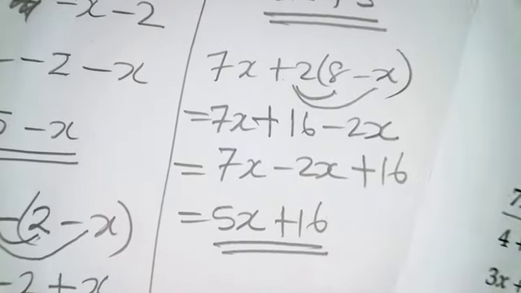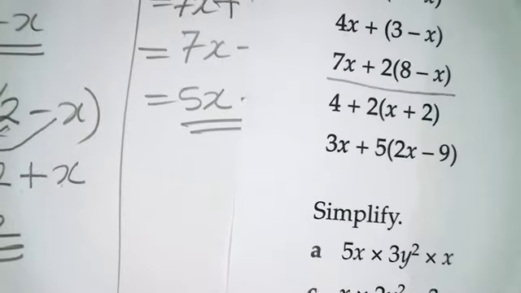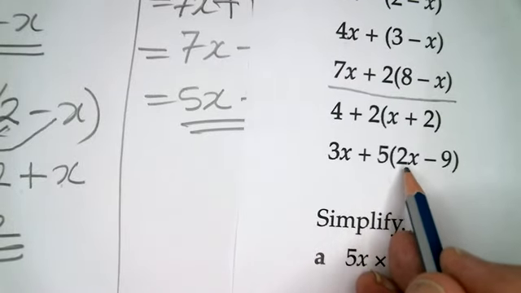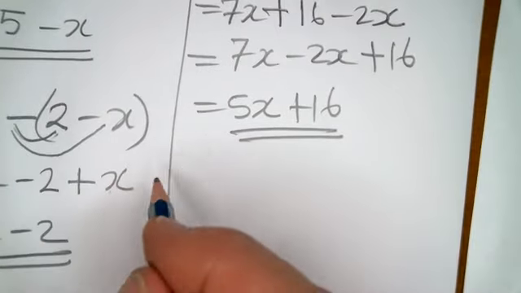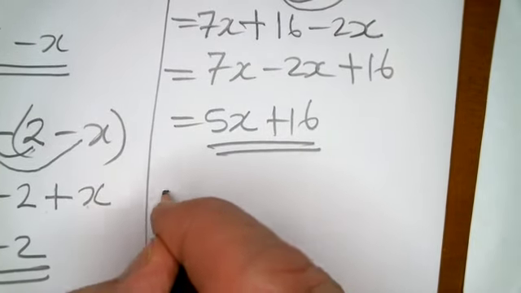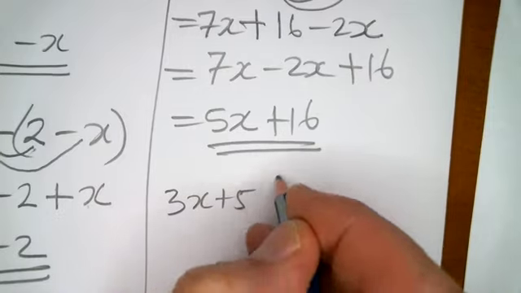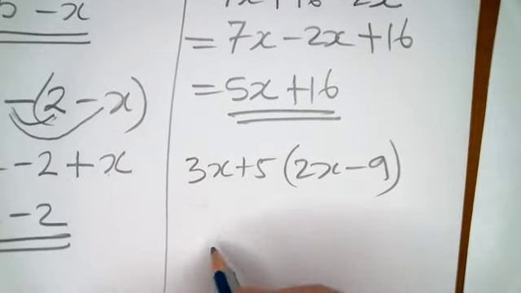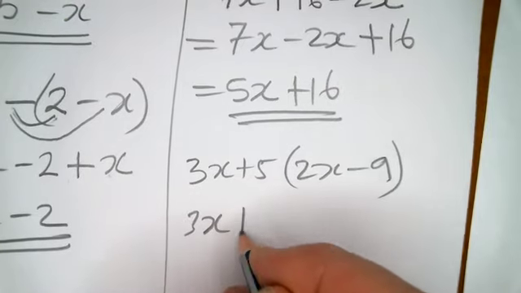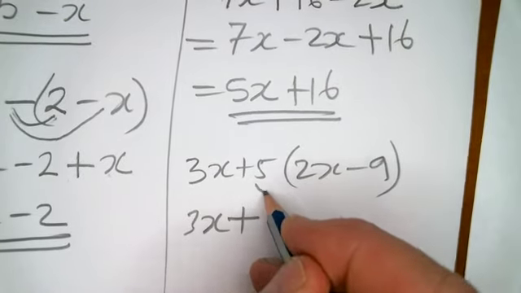All right, let's do one more. I'm really liking these ones. They're so good. 3x plus 5 times (2x minus 9). Here it is. I've got a 3x on its own. Then I'm going to go plus 5 times 2x.